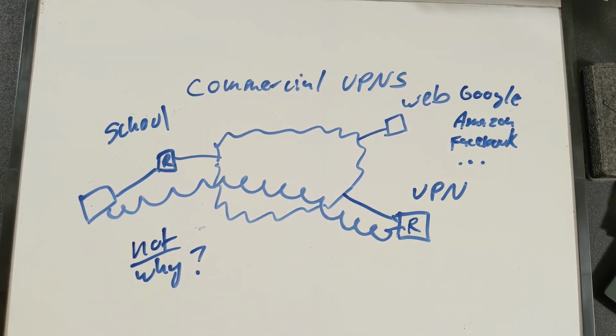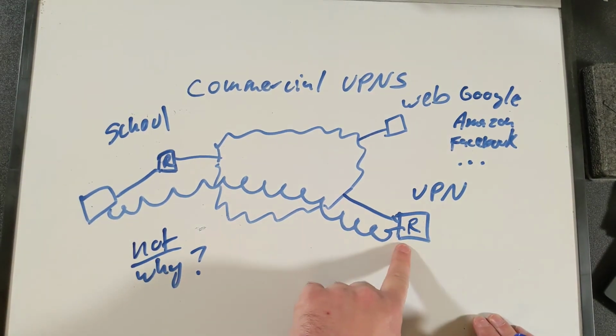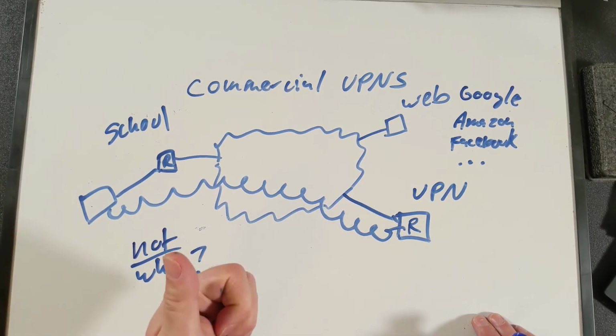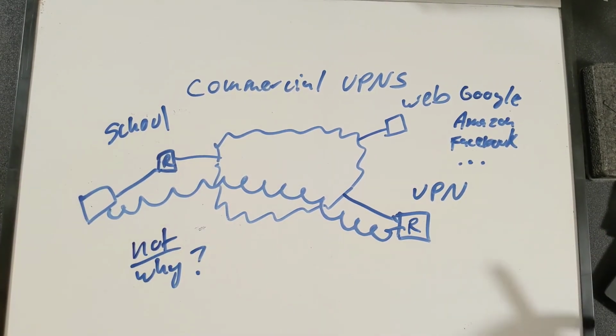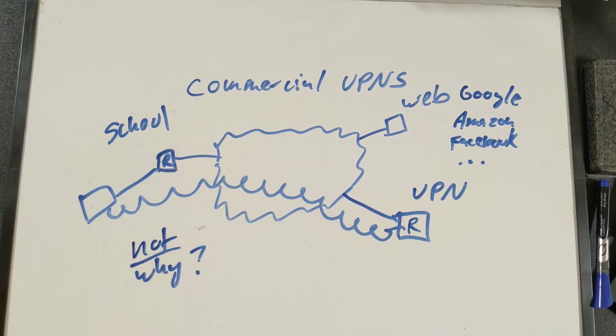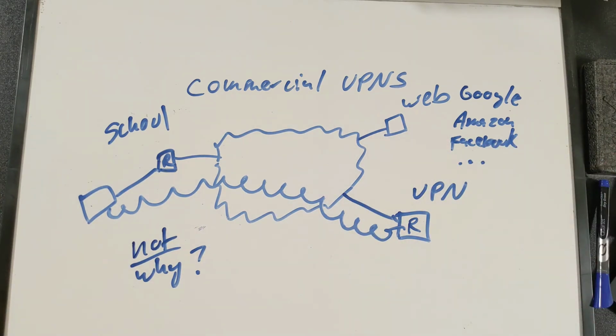Now, that being said, if you go ahead and connect to a VPN and then connect to Google, and you have a freshly installed browser with no stored data at all, no cookies, nothing, and you just make one request to Google search, then they won't immediately be able to identify who you are.